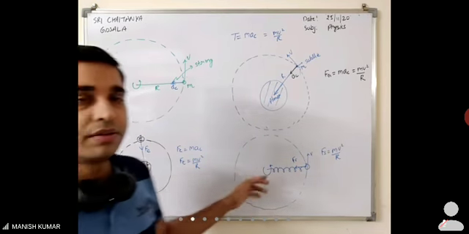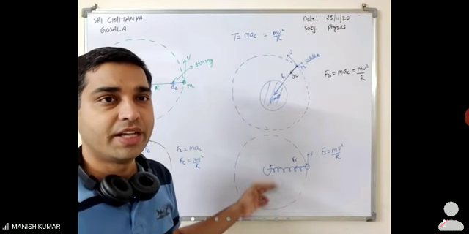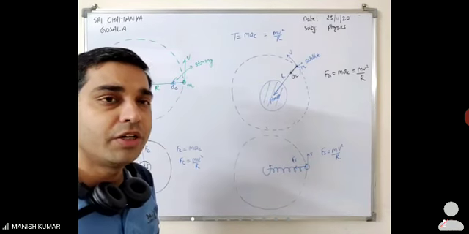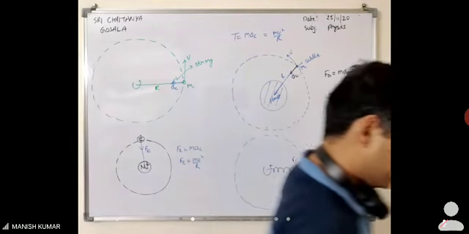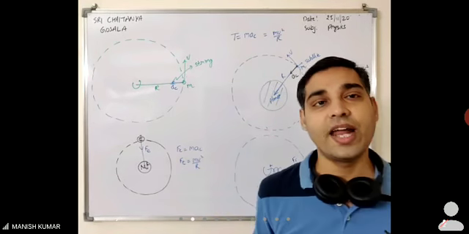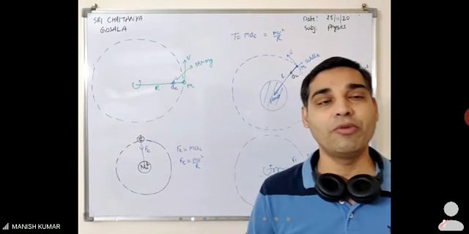And in this case, spring force is acting as a centripetal force. Two forces can act, but two centripetal forces is not possible.